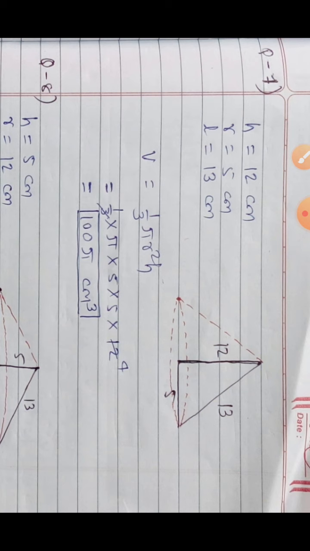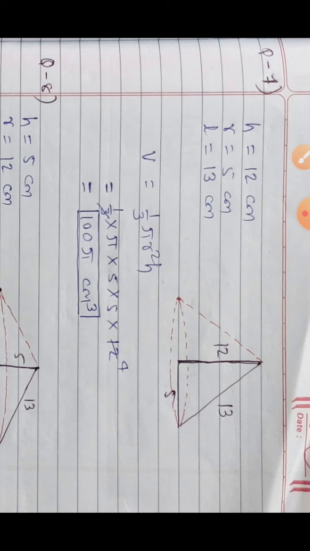So 12 will be our height, 5 becomes the radius, and 13, the hypotenuse, becomes the slant height. So base becomes radius, height becomes height, and hypotenuse becomes slant height. But slant height is not needed here. When volume is asked, only radius and height are needed, not slant height.